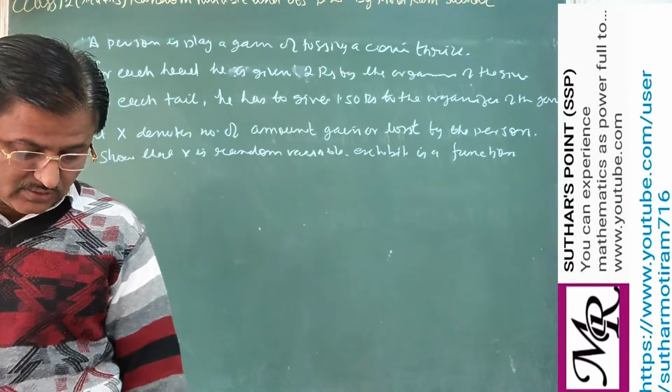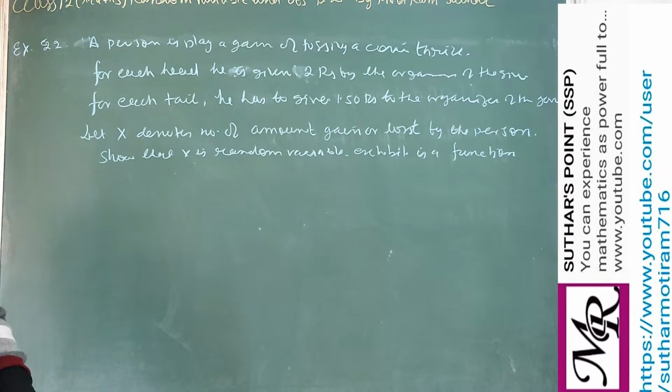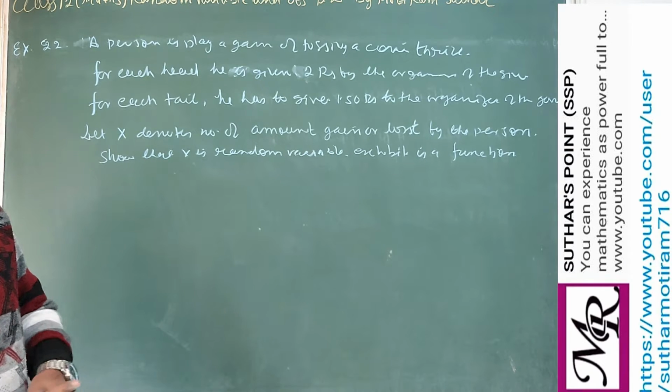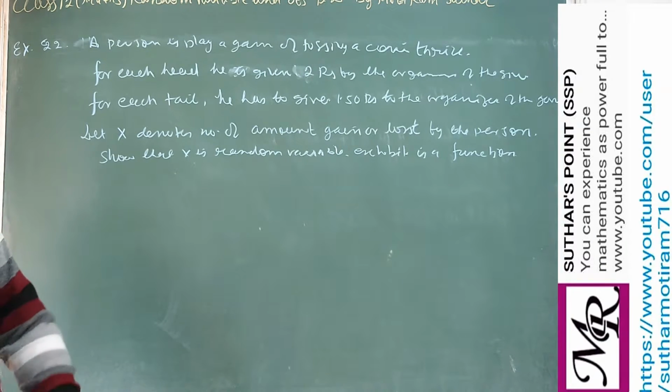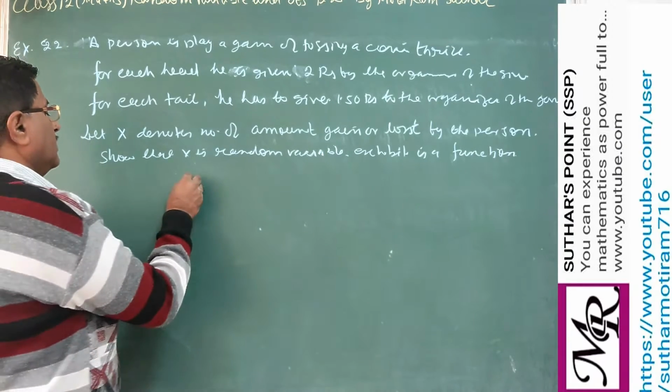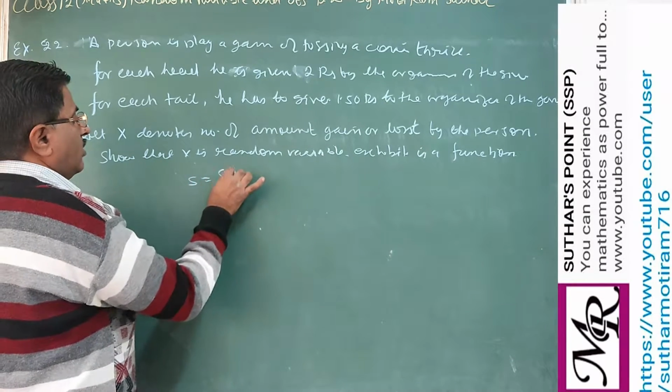So now see here, X is a number whose values are defined on the outcome of the random experiment. Why is X a random variable? Because X denotes the amount he gains or loses, which depends on the output of the random experiment. So what is the experiment? Tossing a coin 3 times.